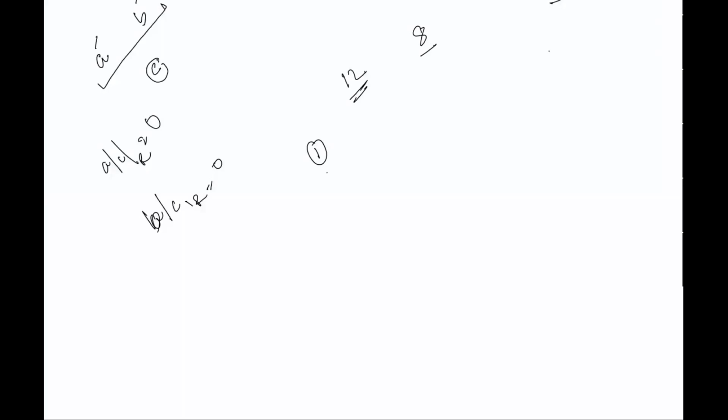So 1 might be a possible GCD, but let's check more. 2 can divide 12 and can divide 8. So 2 is greater than 1, right? I want to find the biggest number which completely divides both the numbers. So 2 is greater than 1. That's why I will take the GCD as 2 for these two numbers for now.